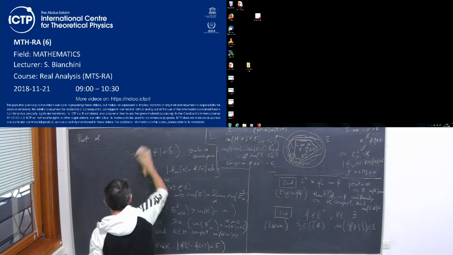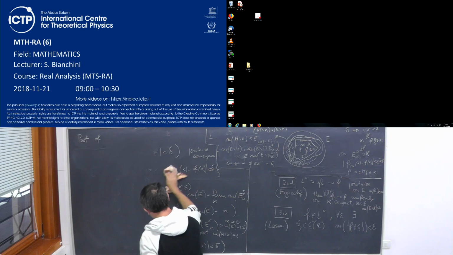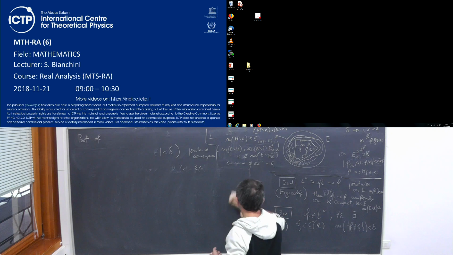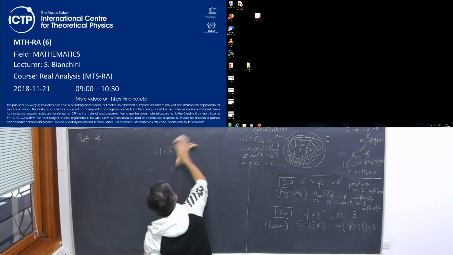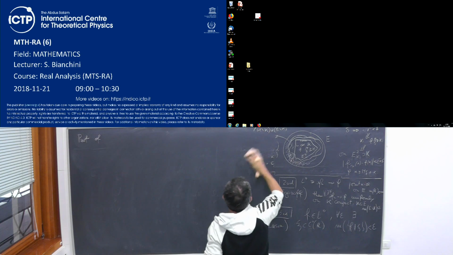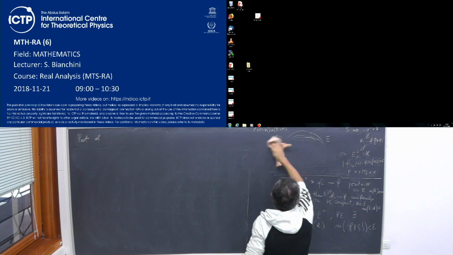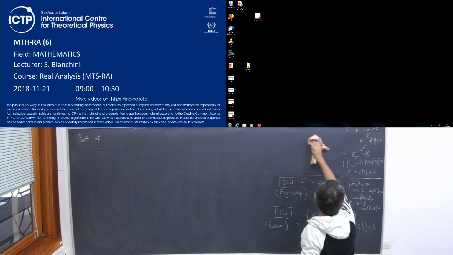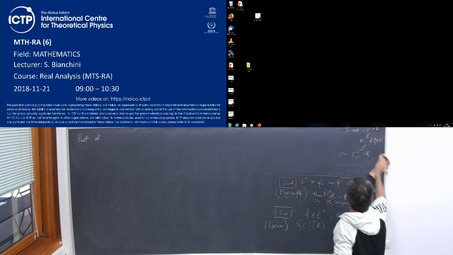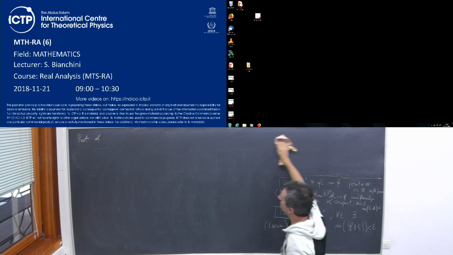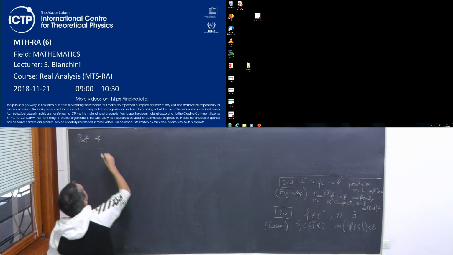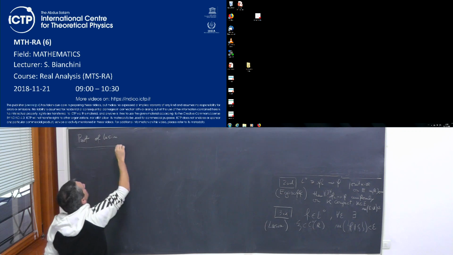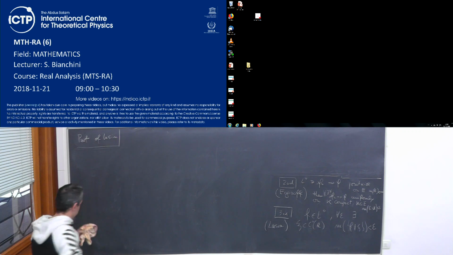And now you see the steps here are just that you write the condition of the pointwise convergence, and then you work a little bit in order to show that you are throwing out almost nothing. Okay.